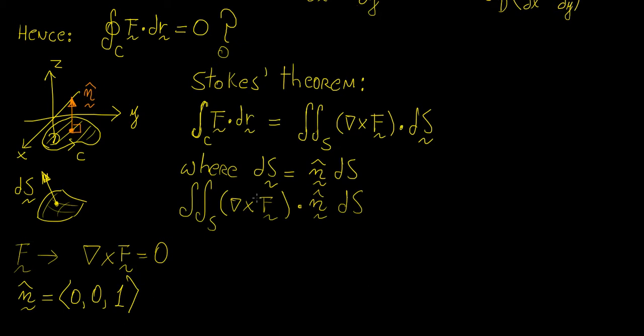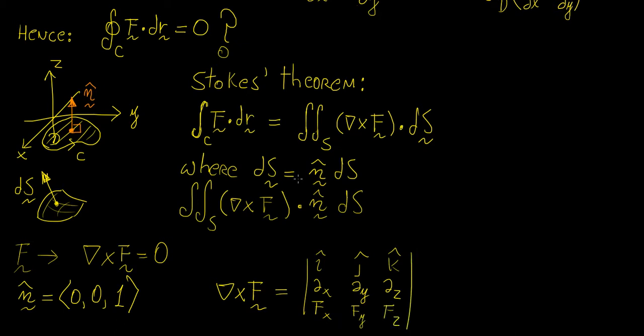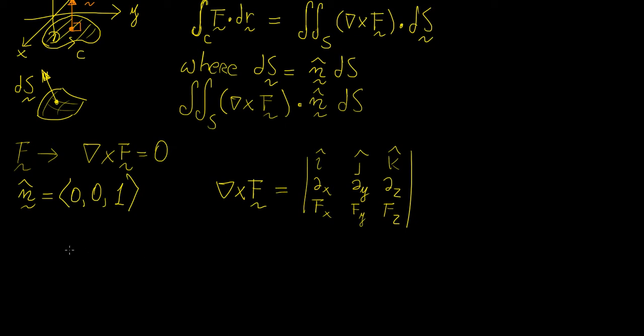And then if we take the curl of F, it doesn't matter if F is a vector field in 3 variables, it is essentially just going to be the following. We have i, j, k, then the derivatives with respect to x, y, then z, and then Fx, Fy, Fz. Now, what we're going to have is the following.